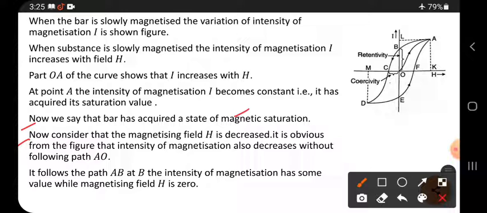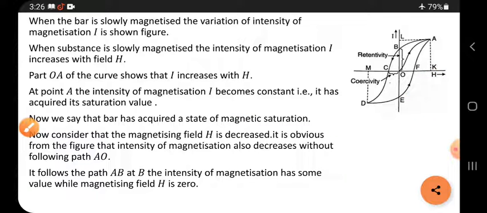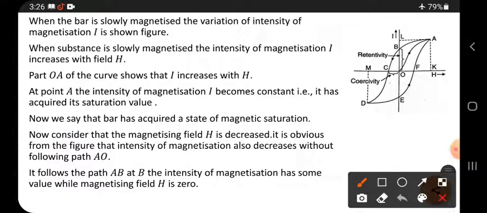Now consider that the magnetizing field H is decreased. So let me come back. Just now we went forward, meaning increasing. Now we have to come back by decreasing the H value. It is obvious from the figure that the intensity of magnetization also decreases, but without following the path AO.